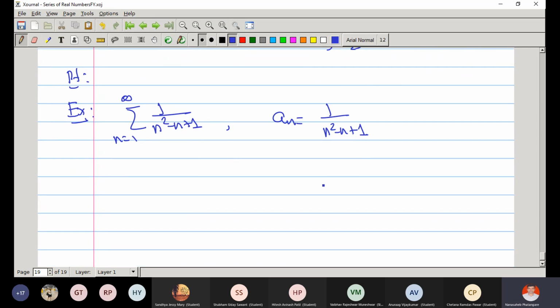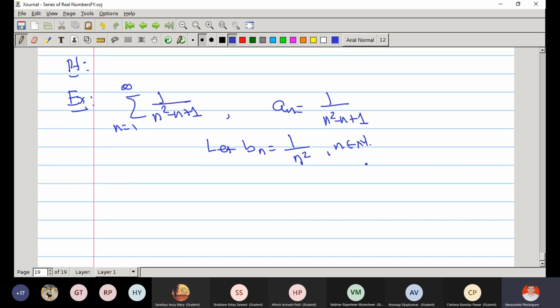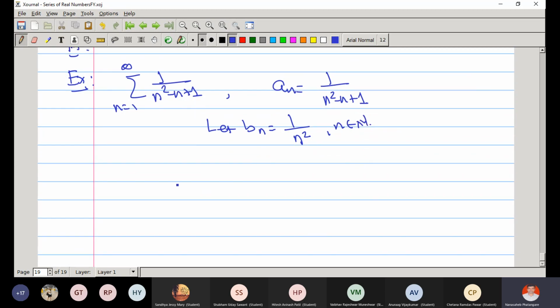Now, can I find another series Bn whose convergence is known, so that the limit of an upon Bn exists? What is a proper choice for Bn? Here I will take Bn equal to 1 by n square. Why I am taking this, we'll discuss later on.